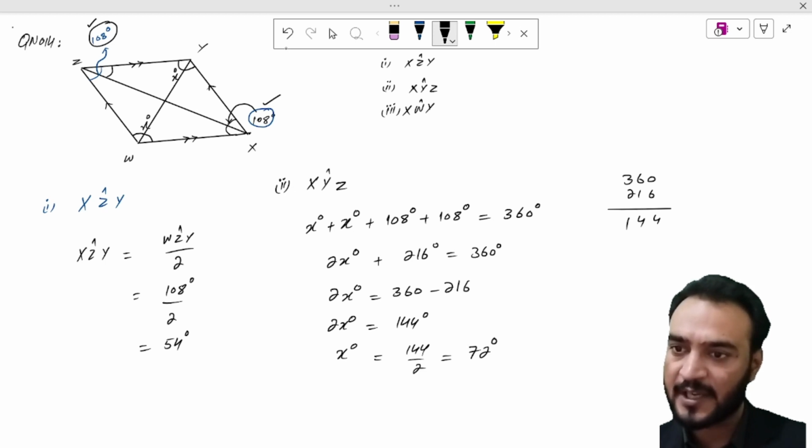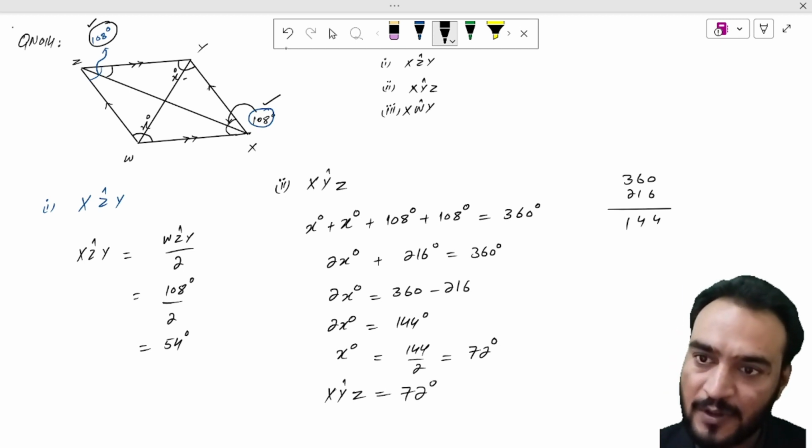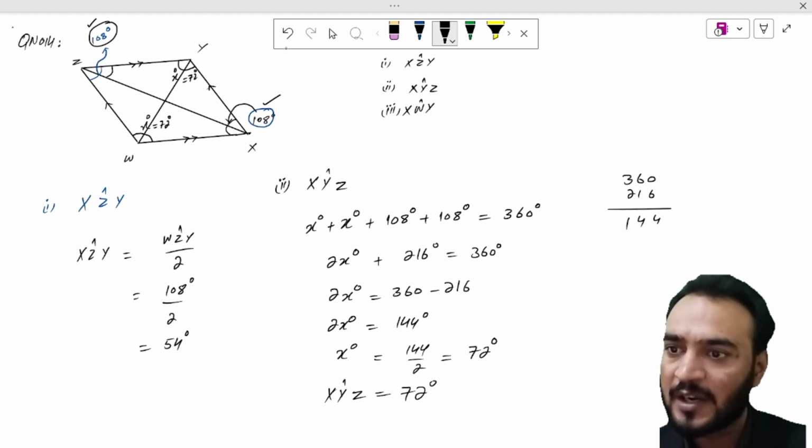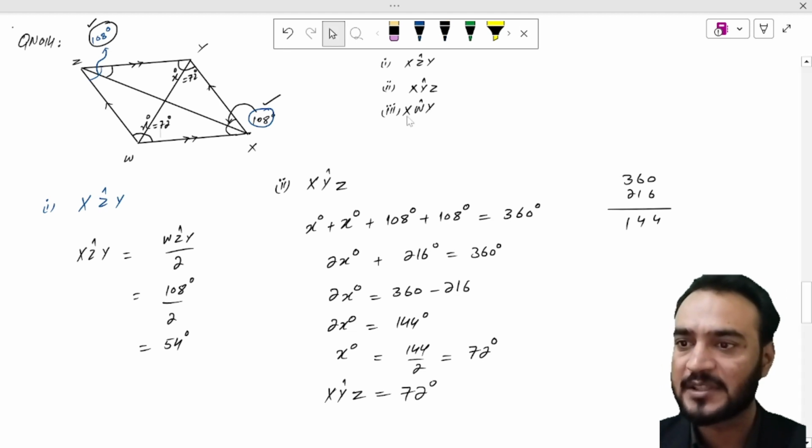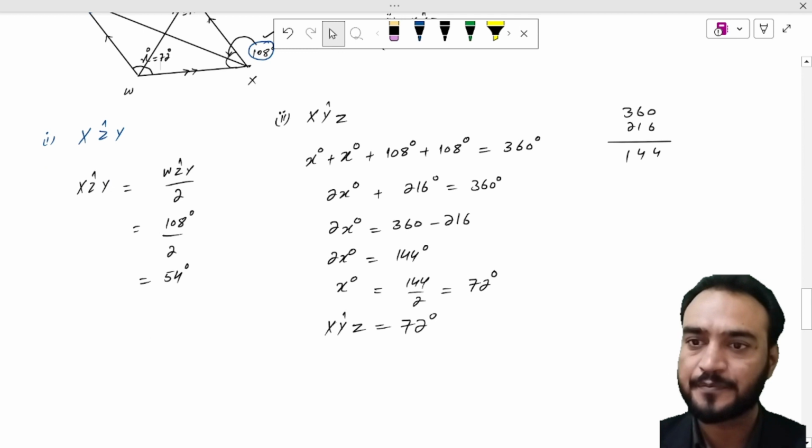It means that angle XYZ is equal to 72 degrees. So this angle x is equal to 72 degrees and angle at point W is also equal to 72 degrees. Now we will find the third part, which is angle XWY.